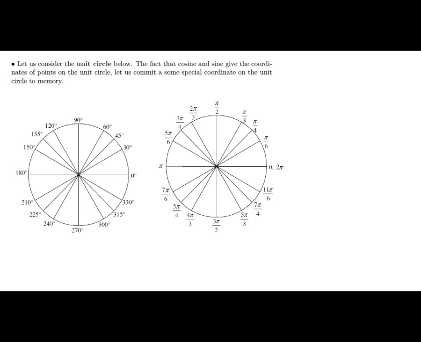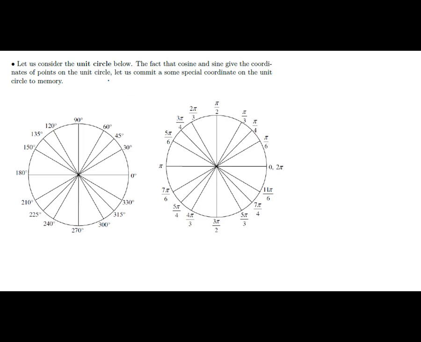Specifically, we're going to memorize them for the unit circle, because what we learned on the previous slide is that if we aren't working with the unit circle, we can just multiply the unit circle value by the radius of the circle, and that would give us the coordinates for any radius circle. So we're going to memorize some special values on the unit circle in particular.